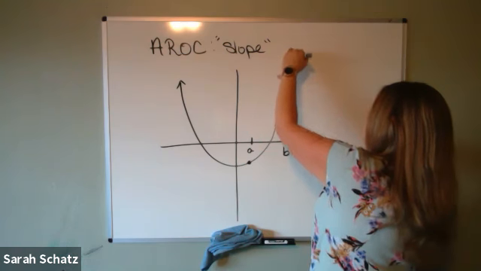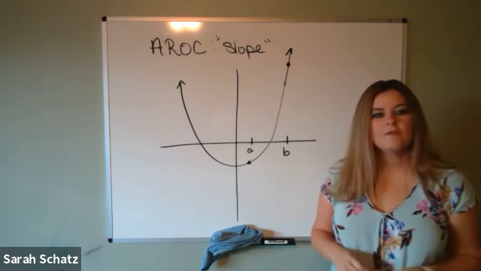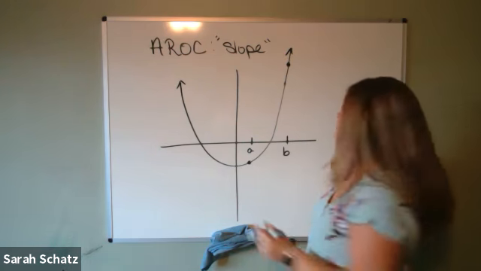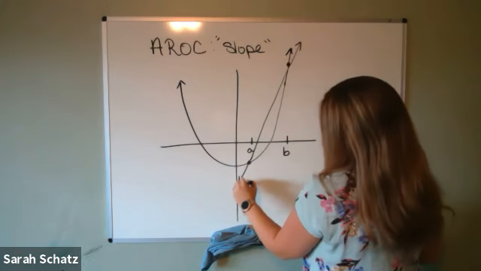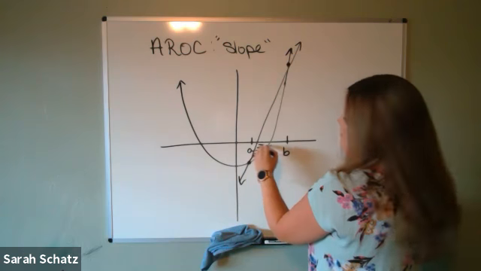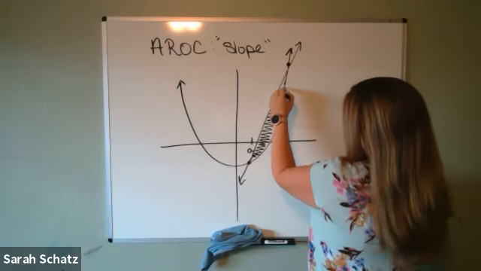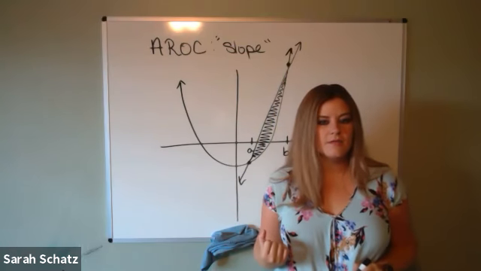I need some more graph. So B would be here. And remember what the average rate of change was doing was just drawing a straight line between those points and calculating that slope.